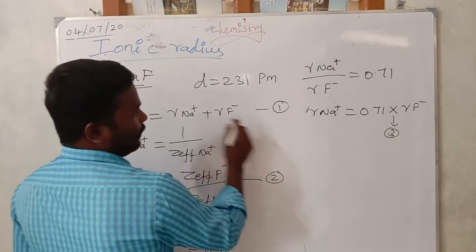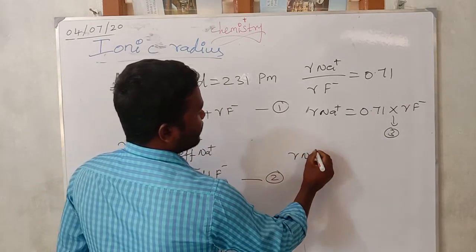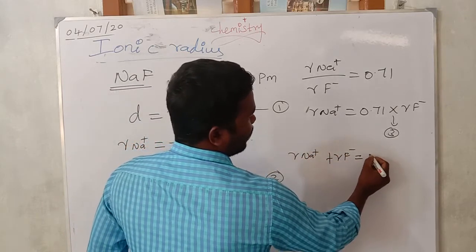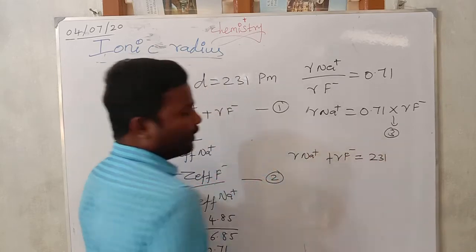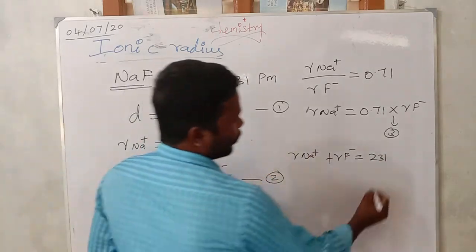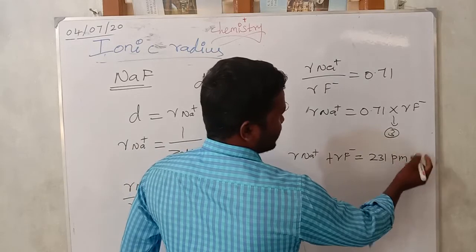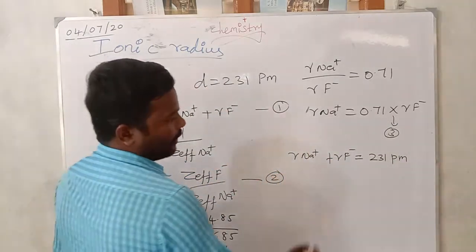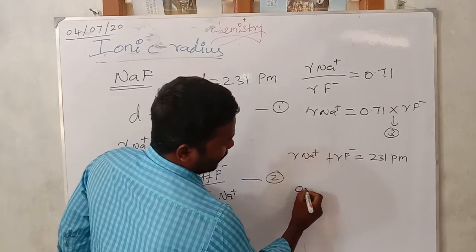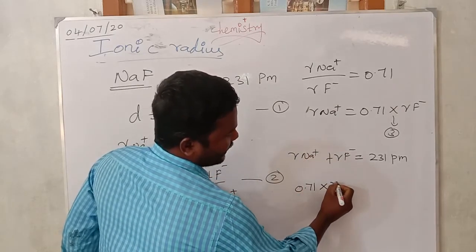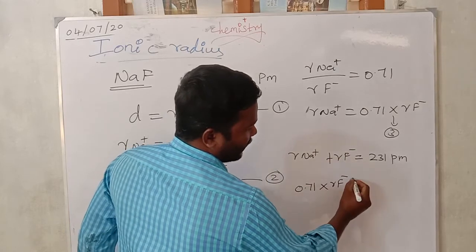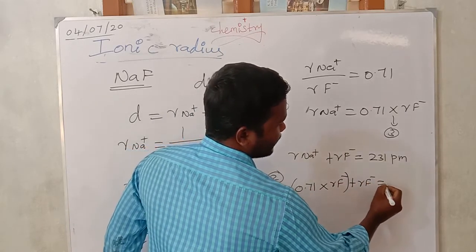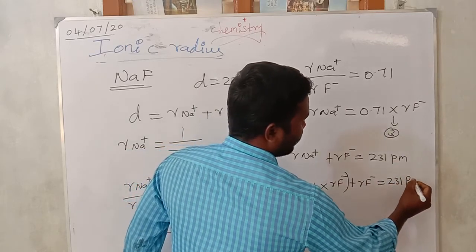What is equation 1? The radius of Na plus plus the radius of F minus is equal to D. What is the D value according to the question? 231 picometer. In this equation, for the radius of the cation, you apply 0.71 times the radius of fluorine. Already we have one more radius of fluorine, and the sum is equal to 231 picometer.